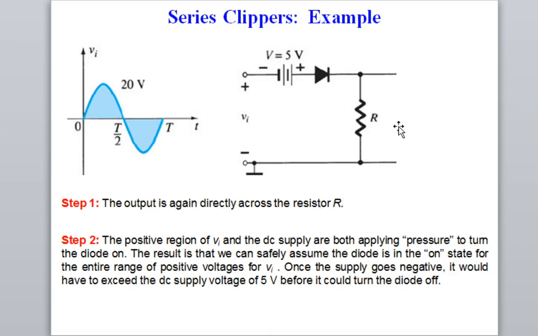Now the second step: try to develop the overall sense of each power supply, how much pressure they are putting on the diode. If you see the positive region of Vi, this given input, and the DC power supply are both applying pressure to turn on the diode.